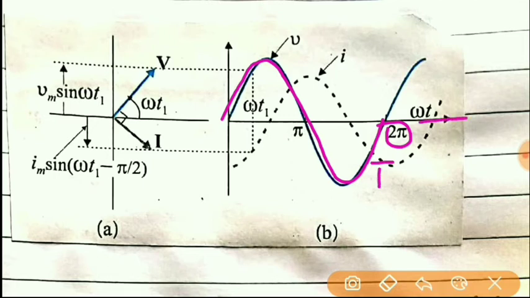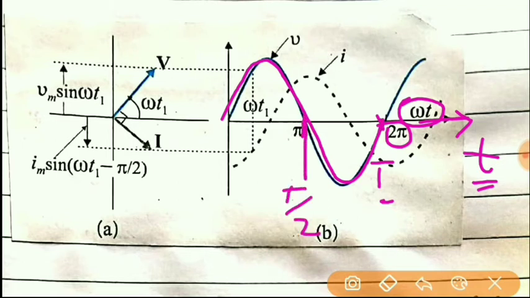Consider this line is for the timeline, not omega t. Consider this is for time. So this will be the periodic time T. So half of that will be T by 2, and half of even T by 2 is T by 4, means it is 1/4 of the periodic time.